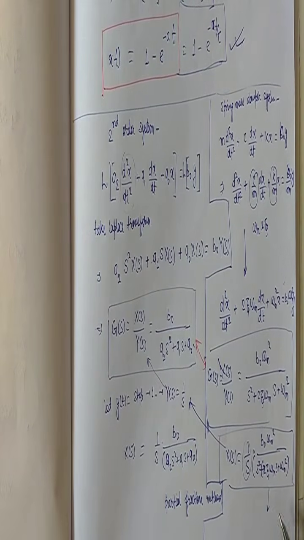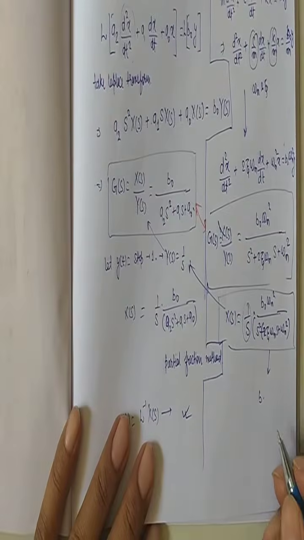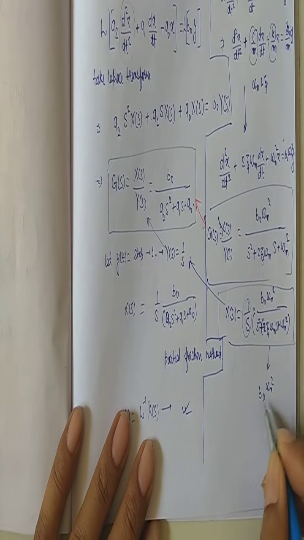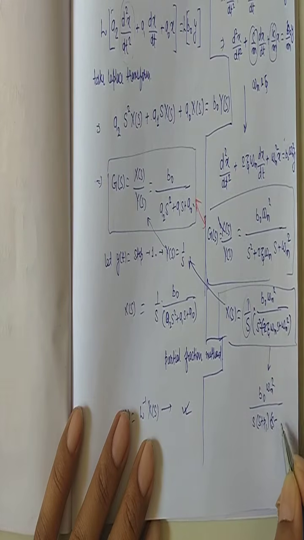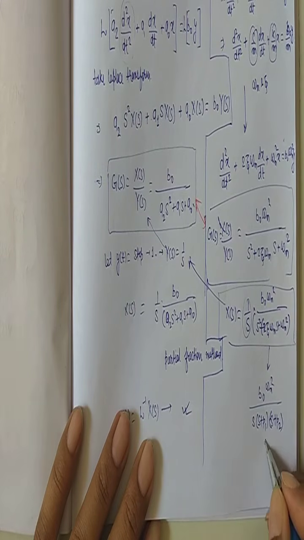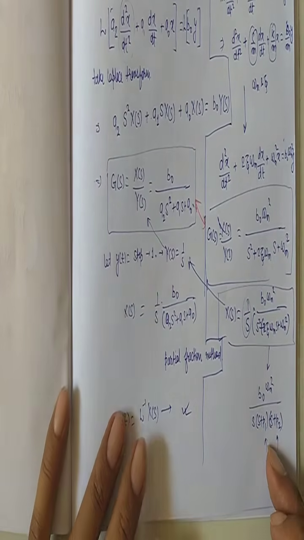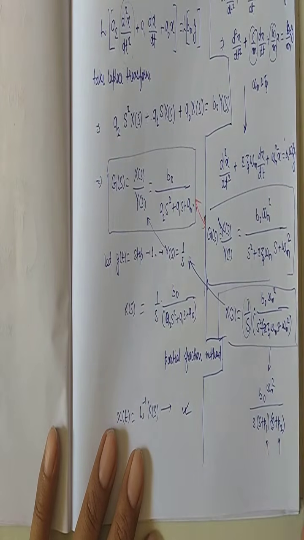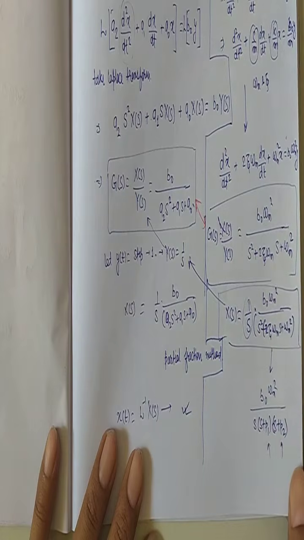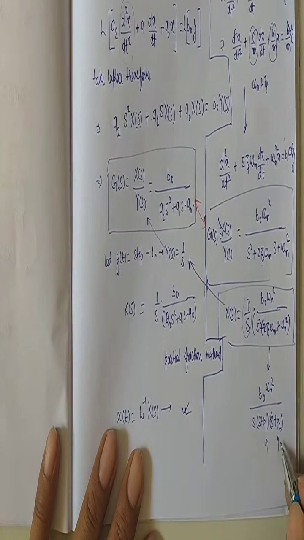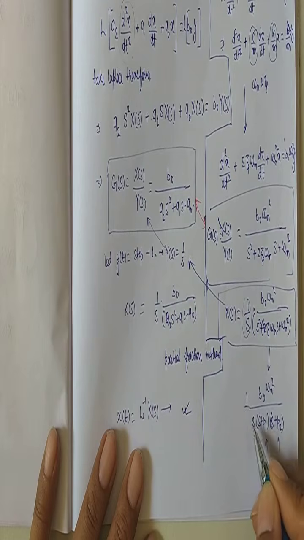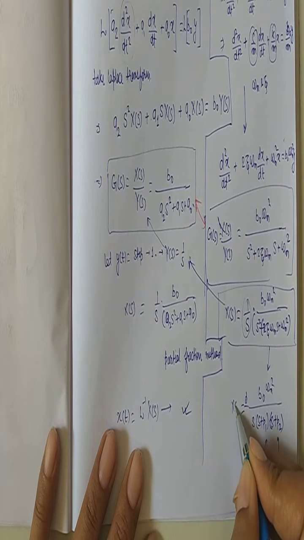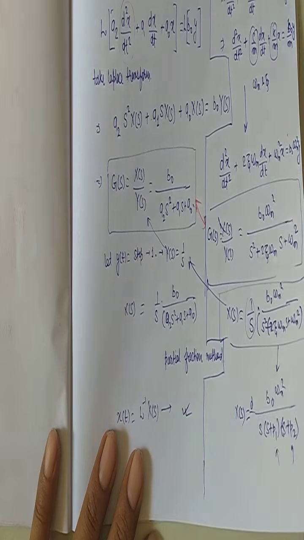What I can do is write this again in the form b naught omega n square over s times (s plus p1) times (s plus p2). These are called poles of the system. I'll talk about it later. These are my roots of the system, and again you can do all sorts of behavior analysis.